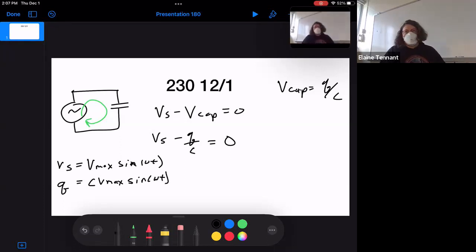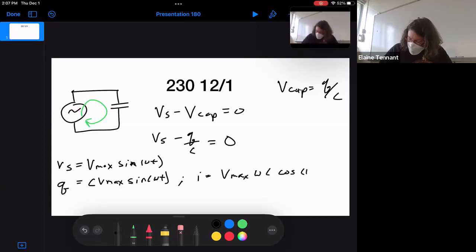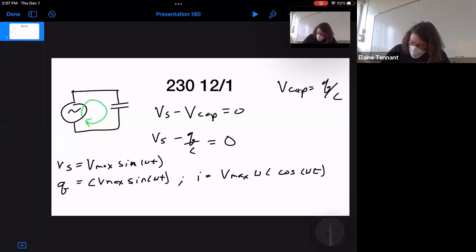We, of course, took the derivative of that to find the current, which was a cosine. And so we had Vmax omega C cosine omega t. Then we started defining things like the reactance of a capacitor, 1 over omega C, where omega is the angular frequency, 2 pi f.